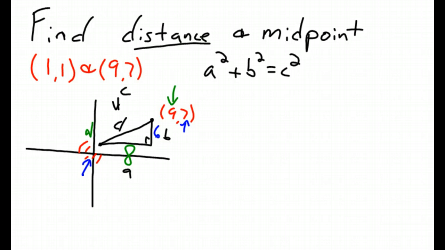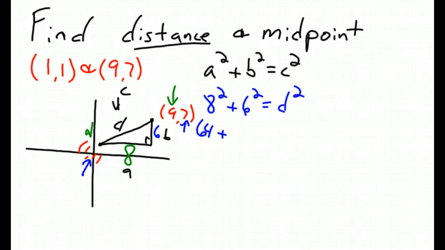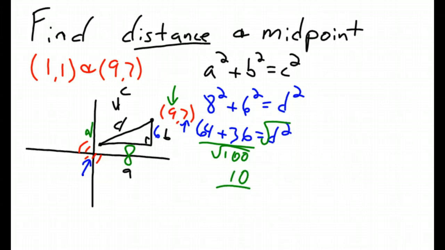So 8 squared plus 6 squared is equal to my distance squared. 8 squared is 64, plus 6 squared is 36, equals d squared. 64 and 36 make 100. Then the square root of 100 is 10. So there's my distance. 10 comes out to be a nice, lovely number in this case.